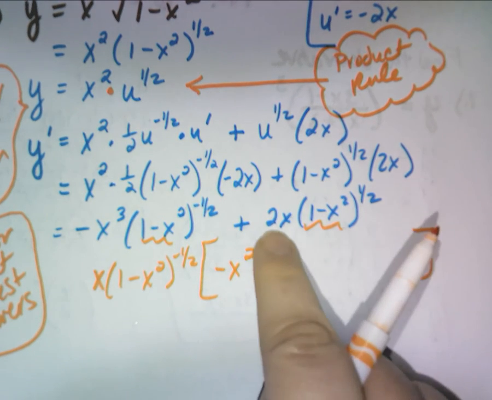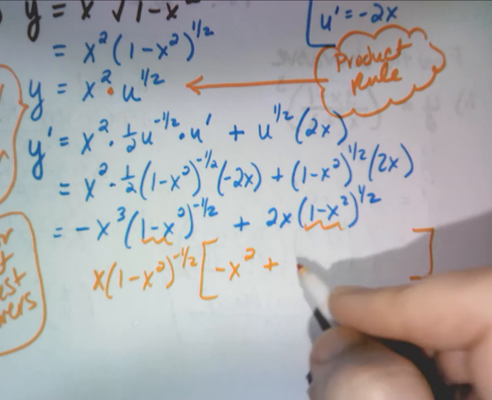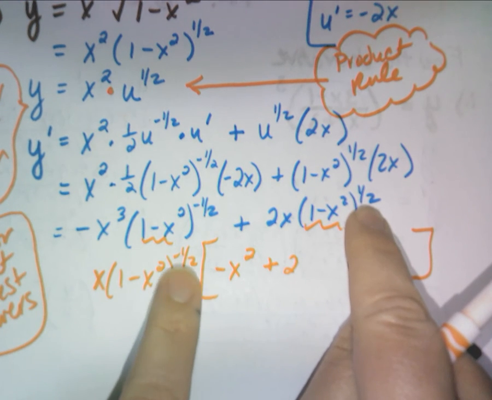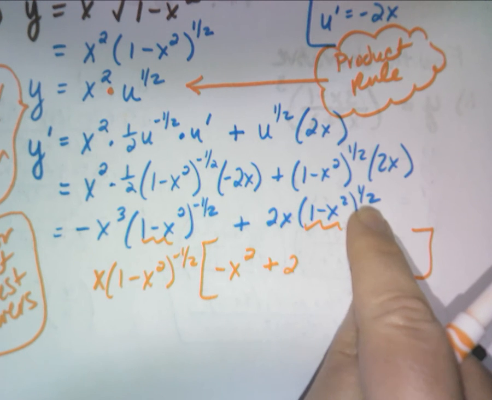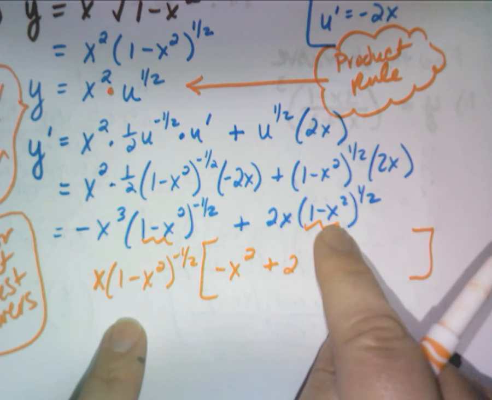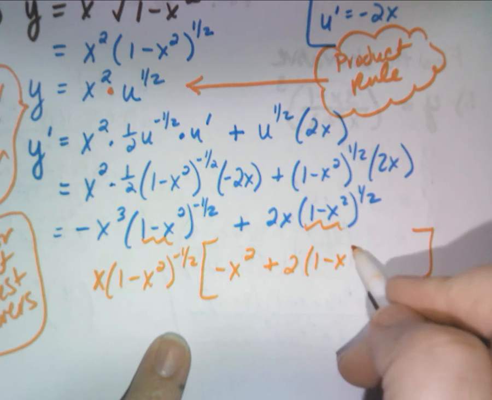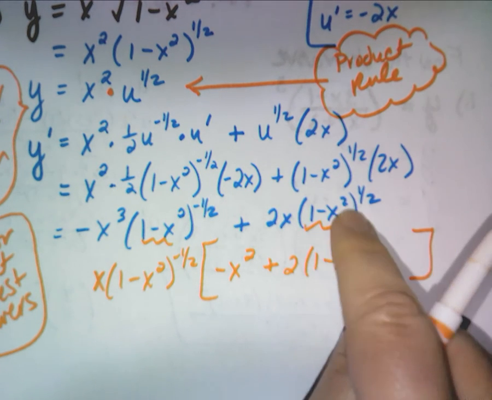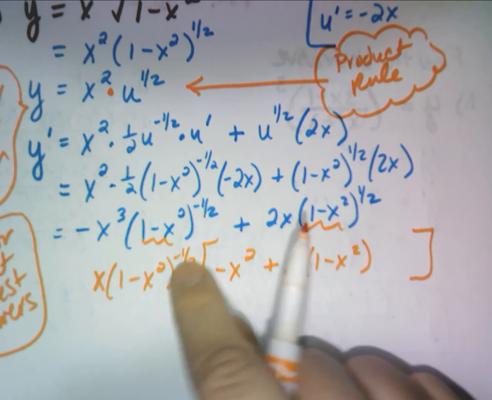Plus, would I not have a 2? And then I'd have 1/2 minus a negative 1/2, which is one whole quantity of this, so 1 minus x squared. Remember when we divide exponents, we subtract the exponents?